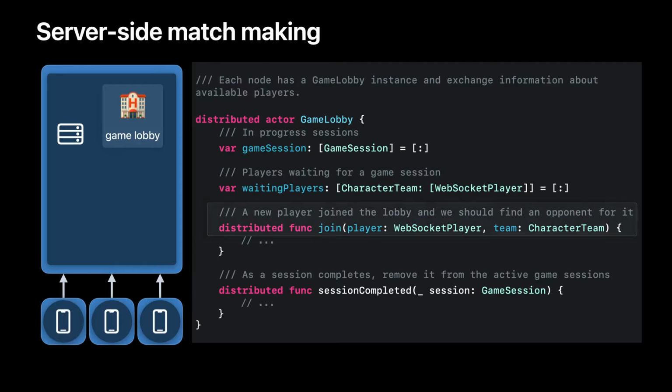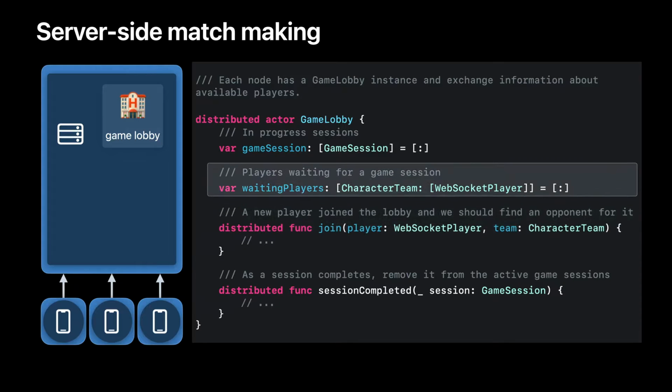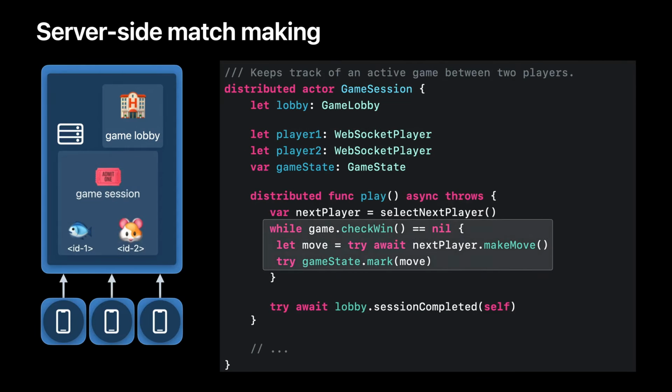As devices enter the Play Online mode, they would discover the game lobby using a receptionist and call join on it. The game lobby keeps track of available players and starts a game session when a pair of players has been identified. A game session would act as the driver of the game, polling moves and marking them in the server-stored representation of the game. As the game completes, we can collect results and report back to the lobby.